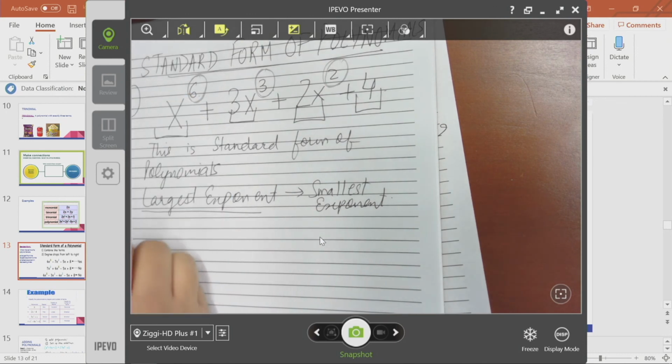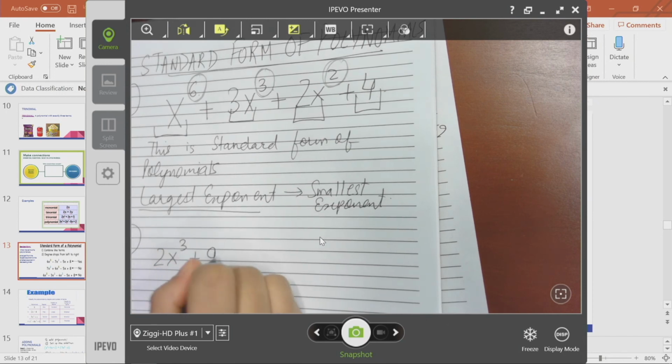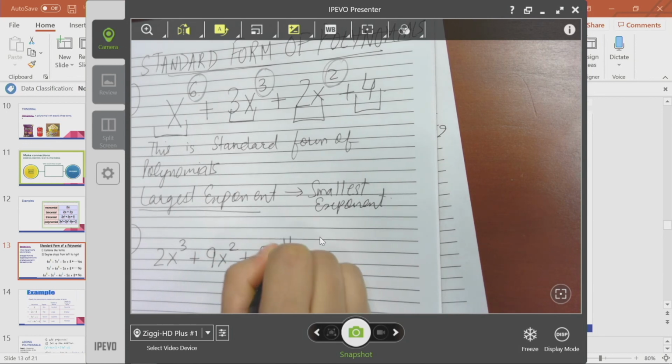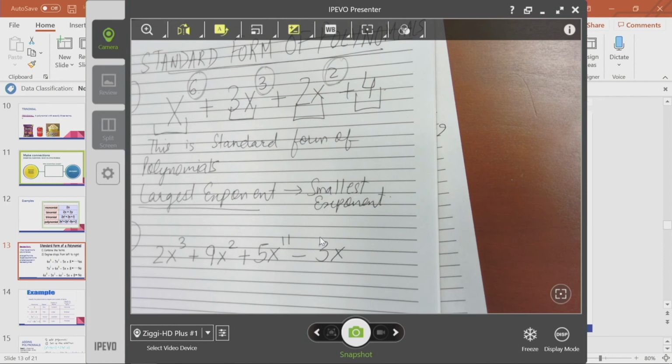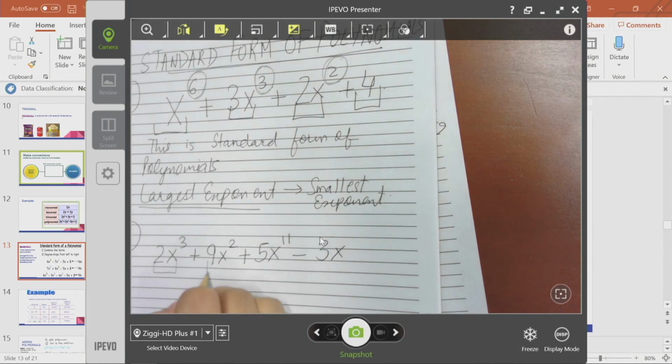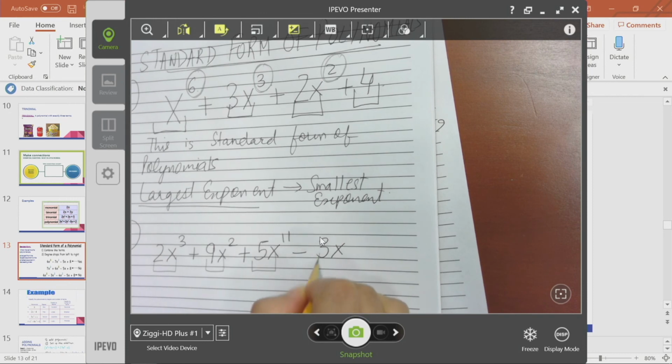Example 2. So we start with 2x cubed plus 9x squared plus 5x, 11 minus 3x. So let's ask ourselves, is it a polynomial? 1, 2, 3, 4.